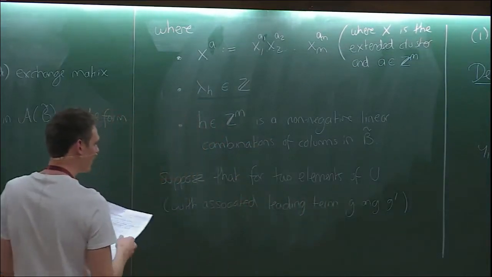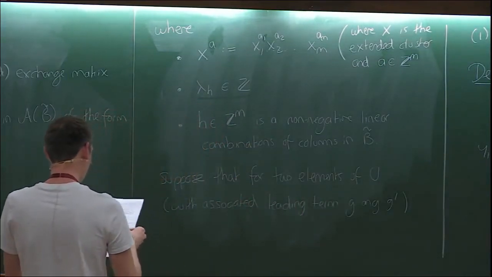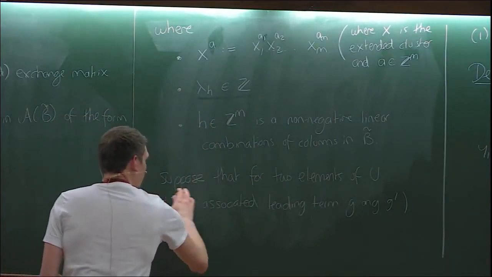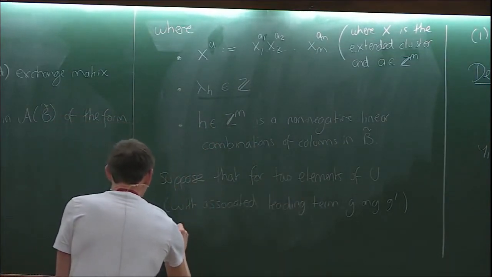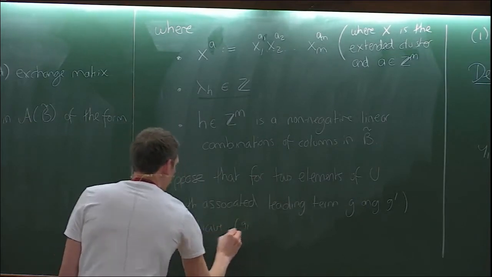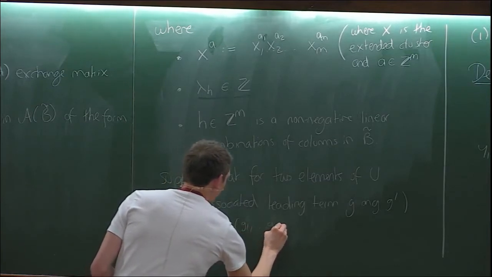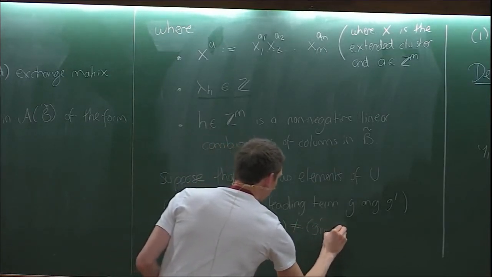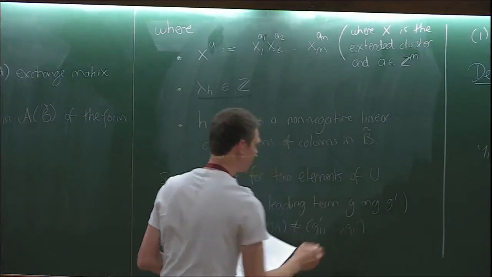At least one of the first n in the two of them are different. So the condition is that for any of those two elements, we have that g1 up to gn is different than g1 prime up to gn prime. Okay?